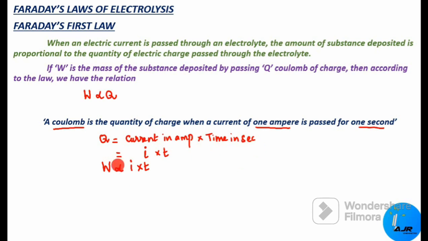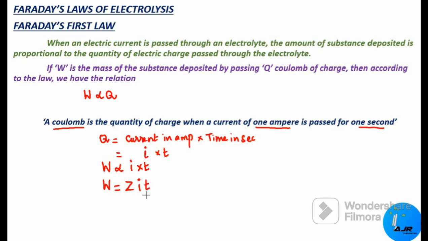Now we are going to remove this proportionality sign by introducing a constant and an equal to sign. So W is equal to Z into I into T.